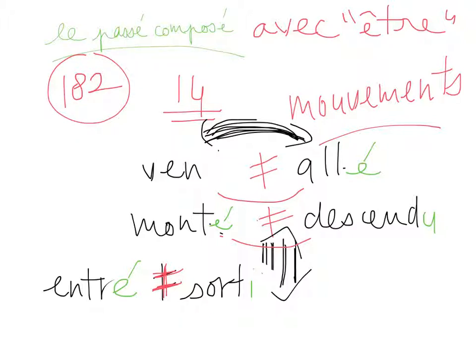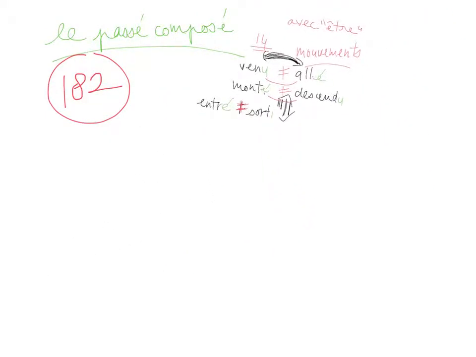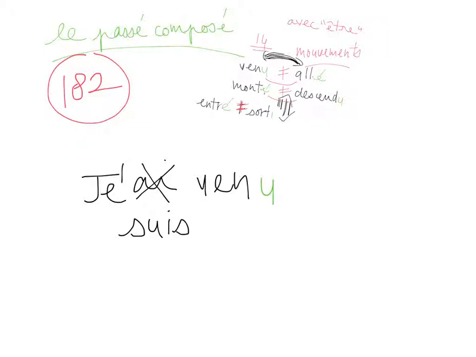So is venu. For these ones, we are supposed to use être, which means that we will not have j'ai venu, right? We are going to have je suis venu. Okay? Je suis allé, je suis descendu, je suis monté, etc., etc.